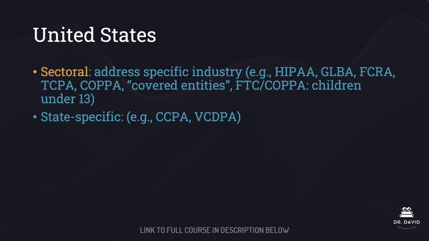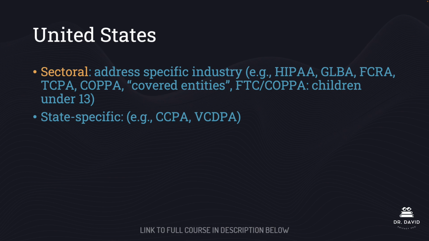For this part moving forward in the lecture, we're going to talk about each of the 4 major regulatory models. Again, sectoral, comprehensive, co-regulatory, and self-regulatory. We've spoken briefly about the sectoral model already. The sectoral model addresses a specific sector or industry.